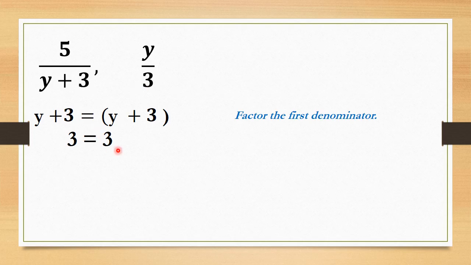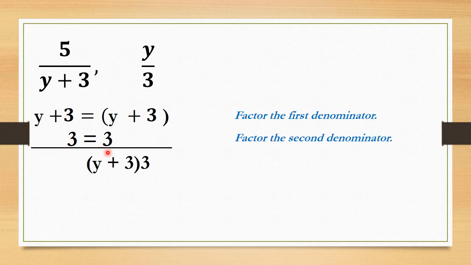So, let us consider all the factors. We have no common factor between the first denominator and the second denominator. So, let us just multiply the factors. We have y plus 3 times 3, or in reverse, 3 times y plus 3. So, this is the LCD of our denominators y plus 3 and 3.